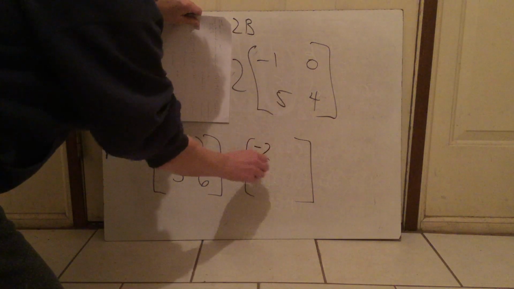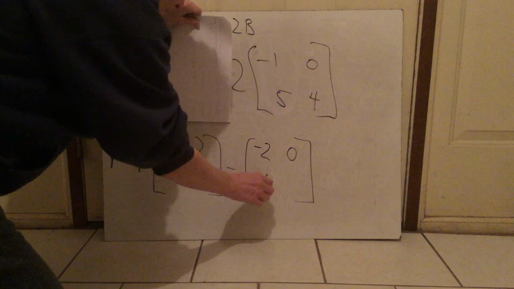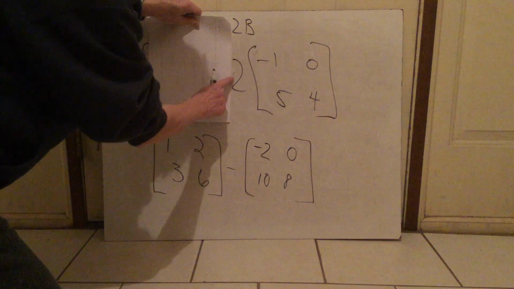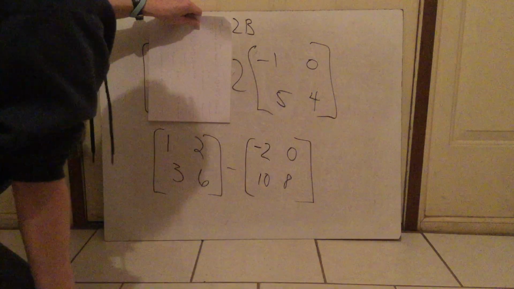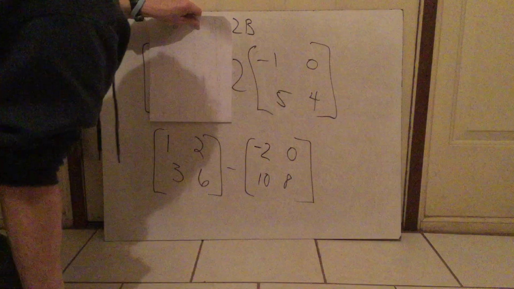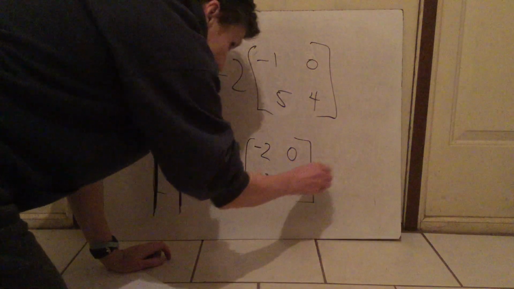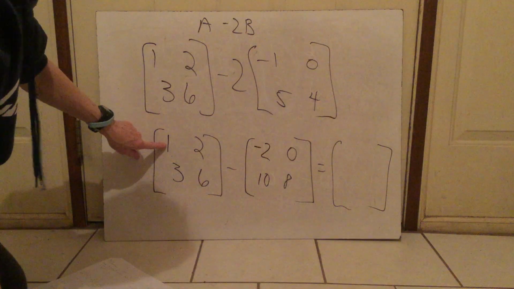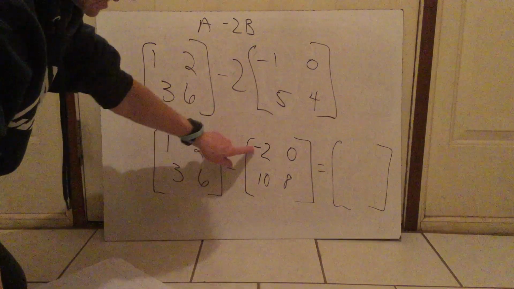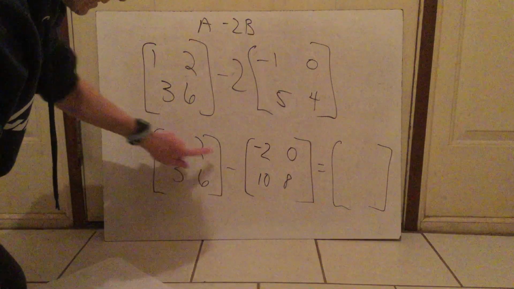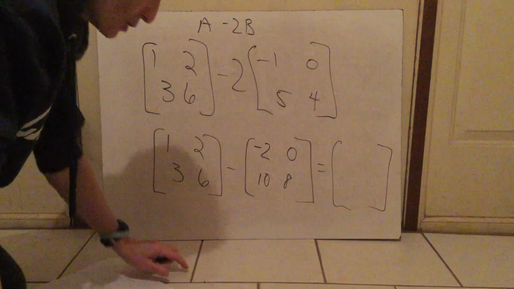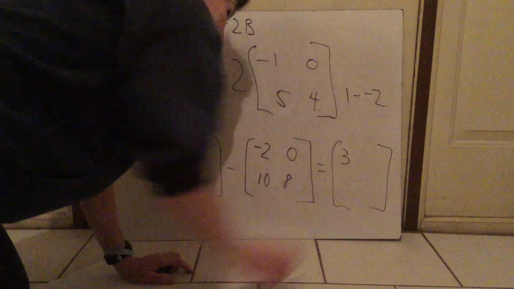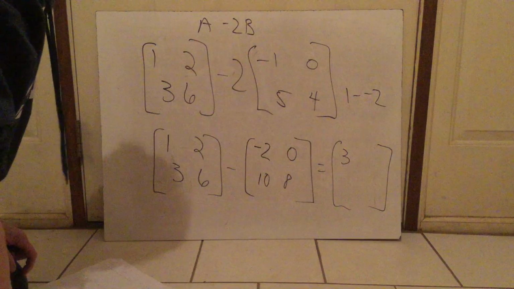So this is negative 2, 0, 10, and 8. My minus sign is still right here. All I'm doing is distributing the 2. So I took 2 times everything. Now I'm going to subtract. So I'm going to take 1 minus negative 2. What is 1 minus negative 2? 3? If you can't keep track of that, write it down for Pete's sake. 1 minus negative 2.